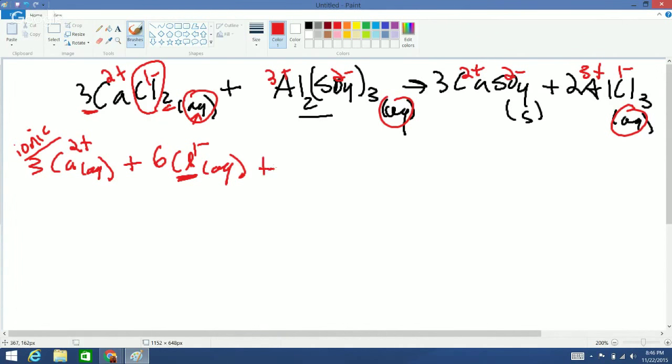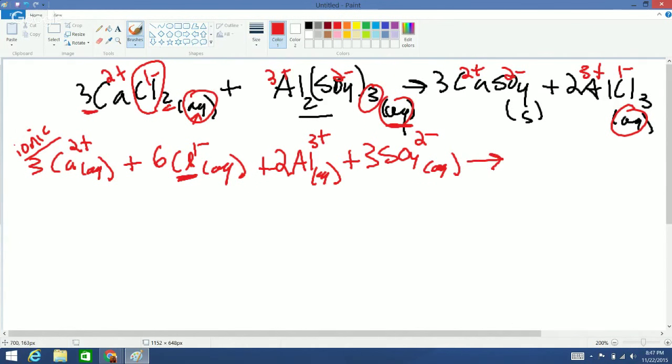So go to my next one. It's aqueous, so I need to separate it. Aluminum 3 plus is my ion. How many do I have of them? 2 of them. So I put the 2 out front. Aqueous. Plus SO4 2 minus. That's my ion. It's aqueous. How many do I have of them? 3. This one's a solid, so I'm going to write it exactly as it is. Don't change anything.